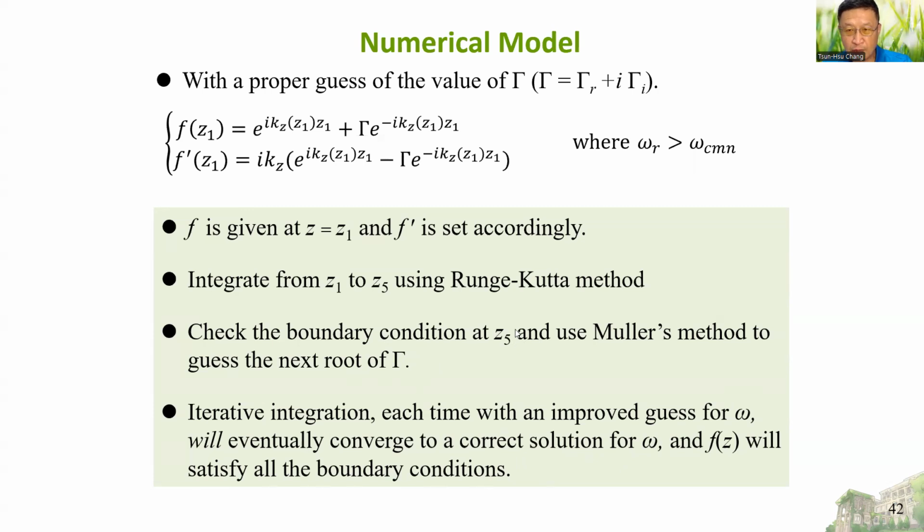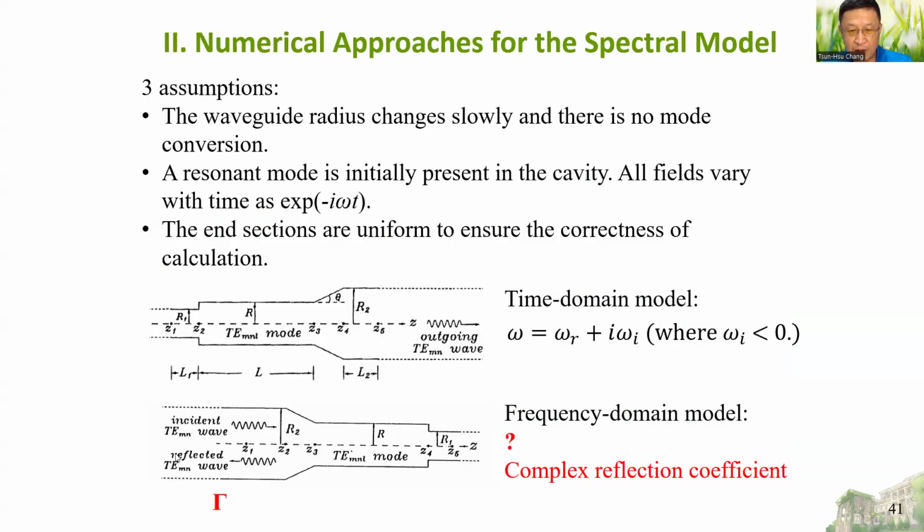So go back to here. We integrate from Z1, which is given with the incident wave, guess a reflected wave, and check the boundary condition here, and we will find another gamma.